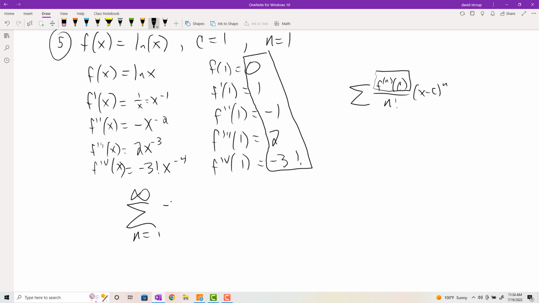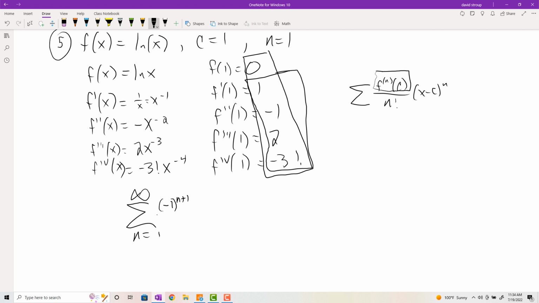So I need some form of negative 1 either to the n or to the n plus 1. So if I put it to the n plus 1, the first one will be positive, and then the second one is negative, starting with the first derivative. So if n equals 1, I want that to be positive, so I have to put an n plus 1 here.